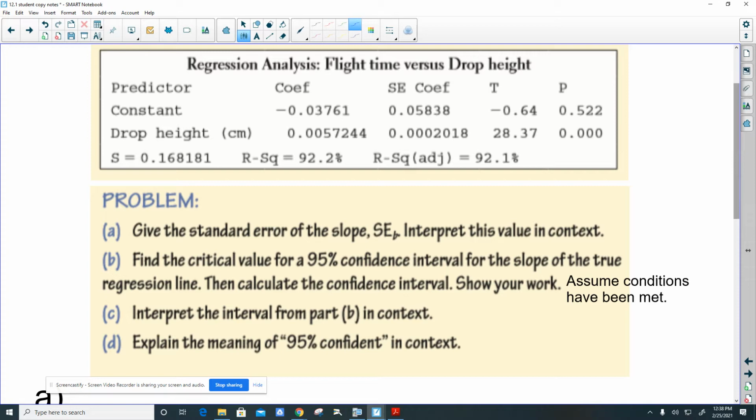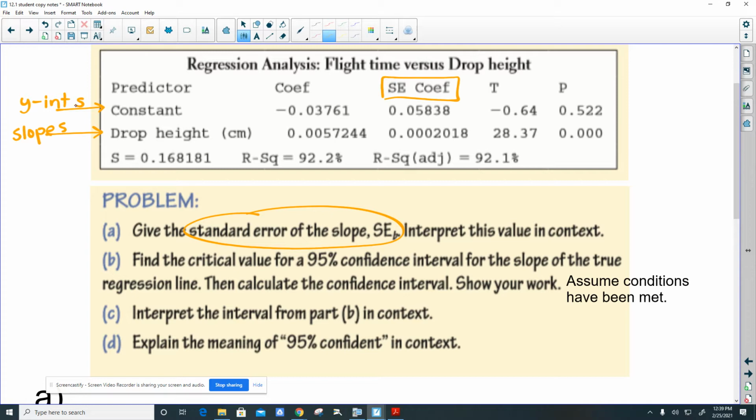So we want to pull this value, the standard error of the slope, out of this computer output. You want to think through: this column here is labeled standard error. This row here describes everything about your slope, and this row here describes everything about your y-intercept.